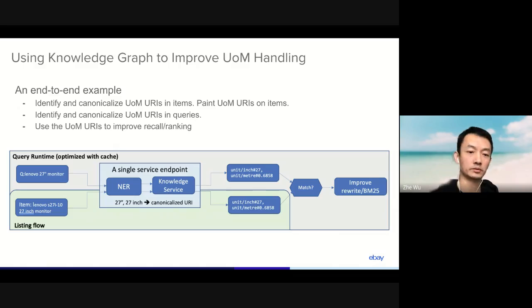We all know 27 double quote means 27 inches. So this query flows through the same pipeline, and we are able to extract 27 inches and the corresponding meters. If there's a match, this can be used to increase relevant recall and also BM25, an improved version of TF-IDF.